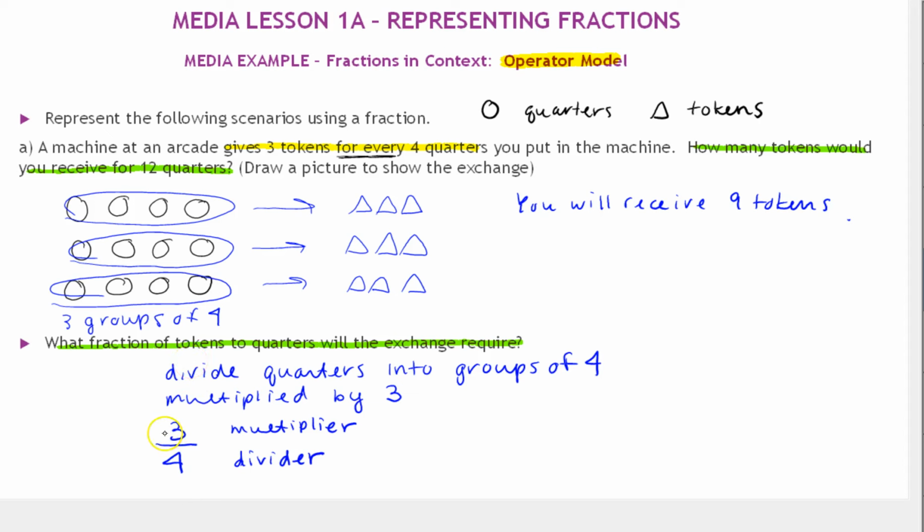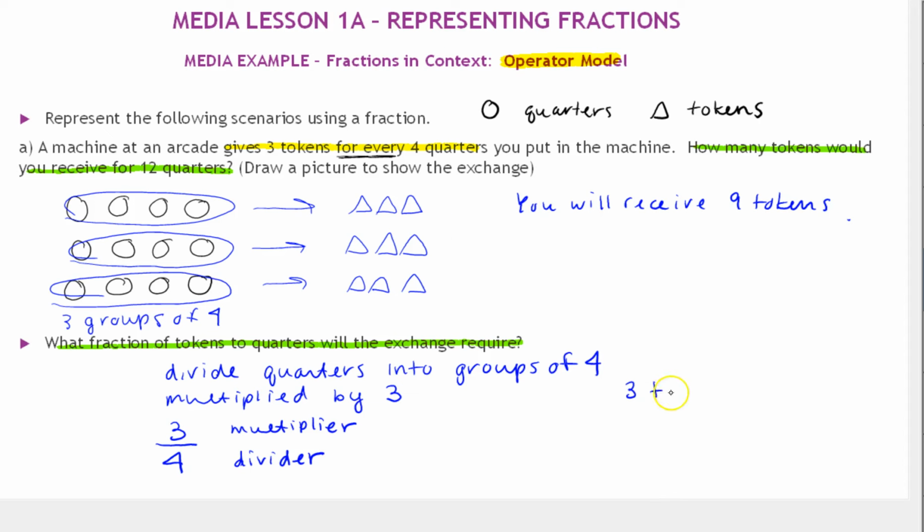So we divided the 12 by 4 to get 3. And then we multiplied each of those 3 groups by 3, the number of tokens we received, to get 9. So this fraction is the operator fraction, or the exchange fraction, to change quarters into tokens.